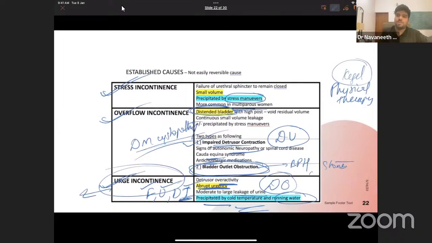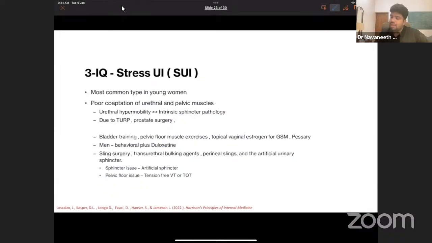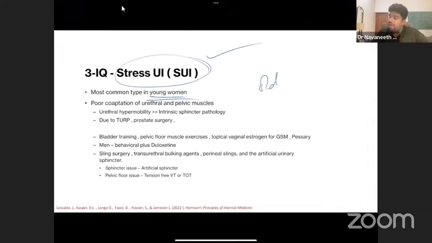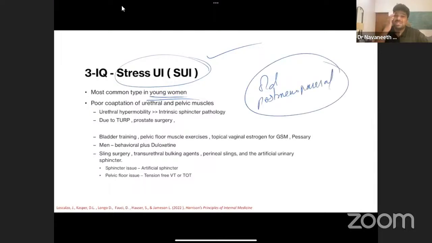It's small drops of urine that come just because of the transient increased pressure of the abdomen. So, of the three important types, stress urinary incontinence we have finished. It's more common in young women. But if it's happening in old women or postmenopausal patients, then the prognosis is poor, because they have poor coaptation of the urethral and pelvic muscles.